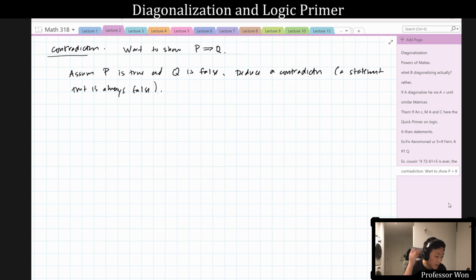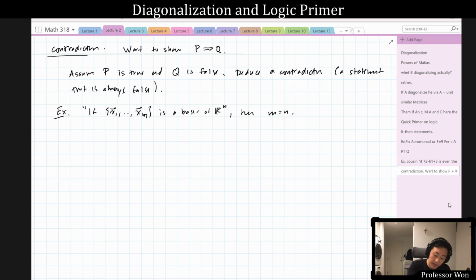Okay, so let me give you the example from the notes. Consider the statement: if x1 through xn is a basis of Rn, and x1 through xm, potentially a different m, is also a basis, then m equals n.